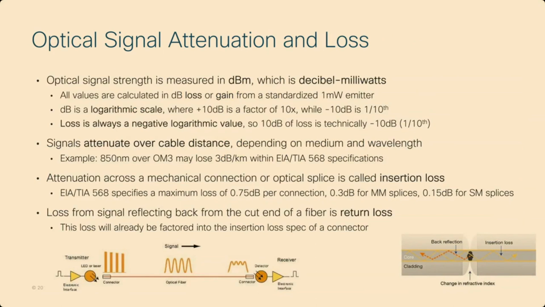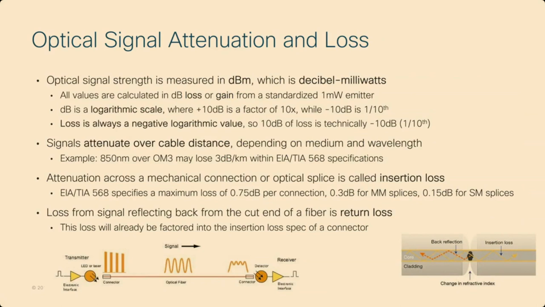So when you're working with optical cabling, we already talked about how you can have some light reflecting off the cut end of the fiber, and that is called back reflection. And the way we measure the signal in an optical cable is in decibel milliwatts, or dBm.